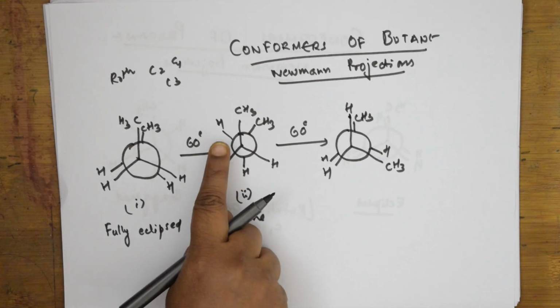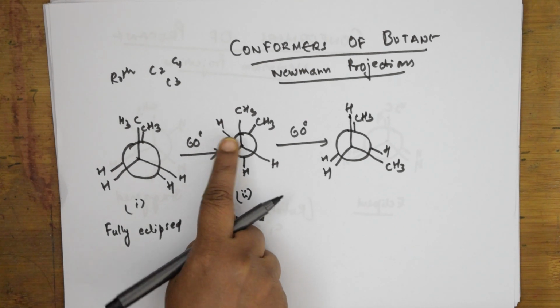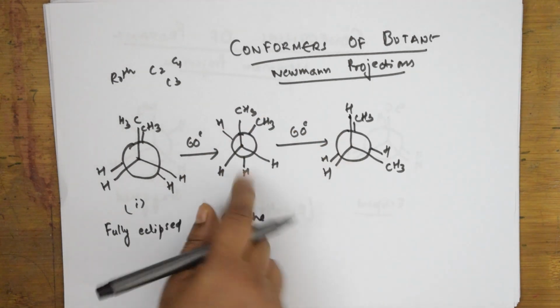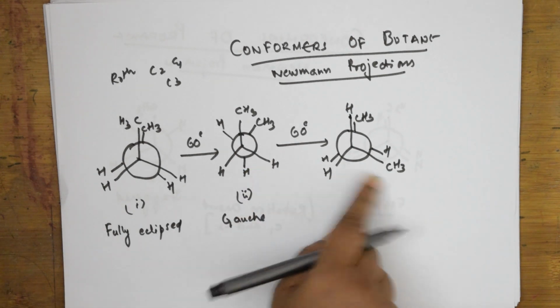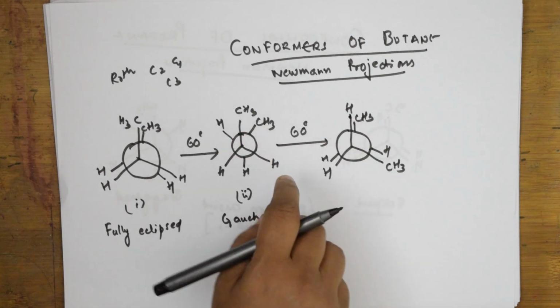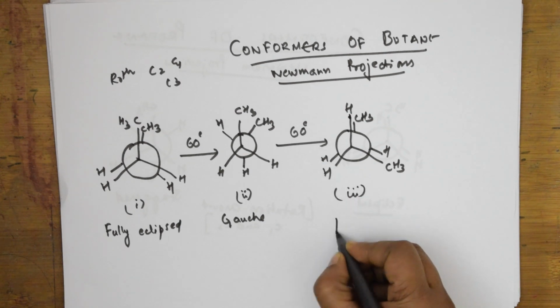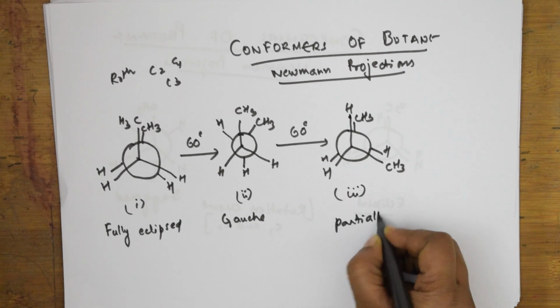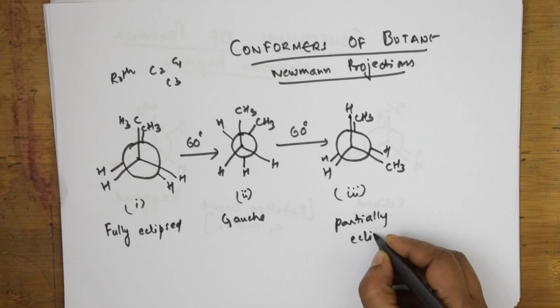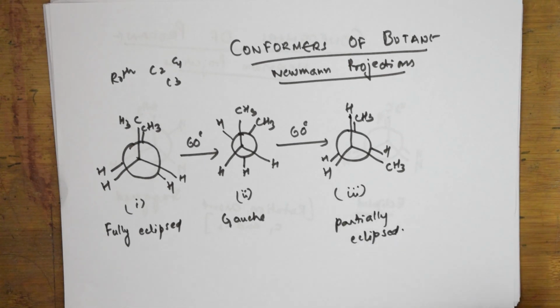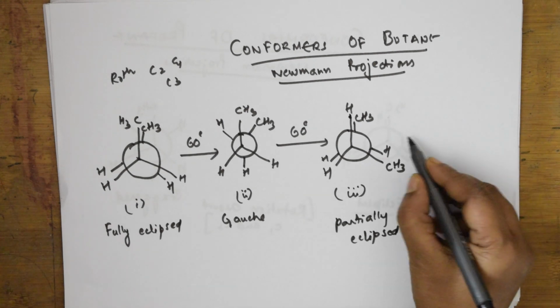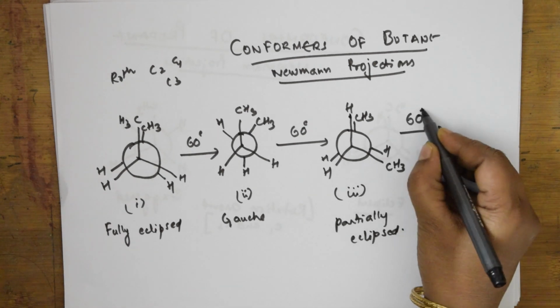See here, we have rotated this part. It's come here in this way. This also has moved down, this also has moved down here. So the leftover is here. So this is the third one. We call this partially eclipsed. Further, I am rotating by 60 degree.